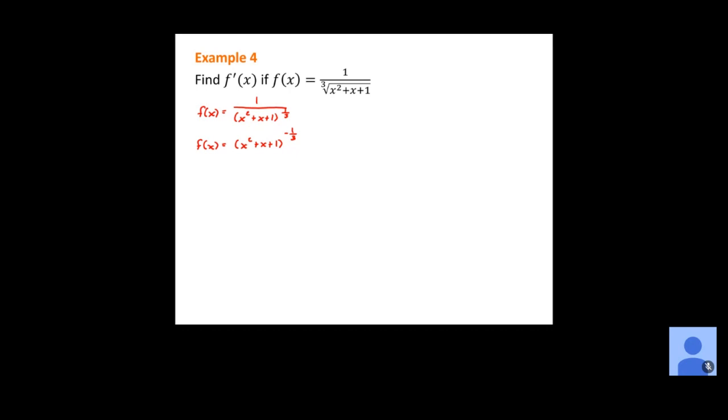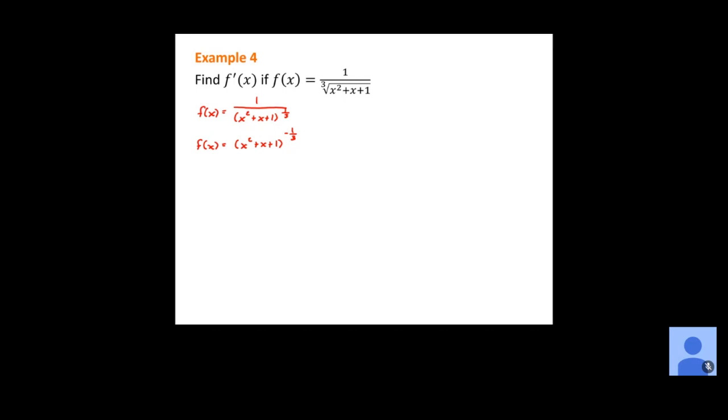Because that's part of our power rule. But what other rule do we have to incorporate this time? Think back to the examples we did towards the end of last week. What's that rule called that we're going to have to use here? It's a chain, right? So in this case, we have an inside function and we have that outside function, which is the negative 1/3 power.